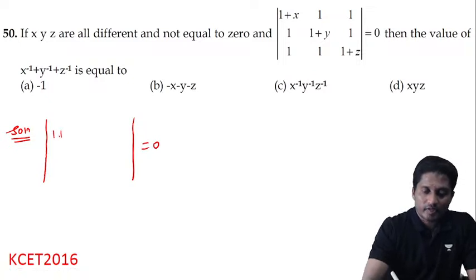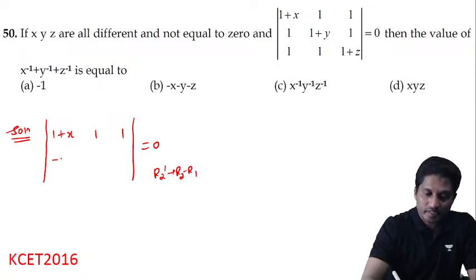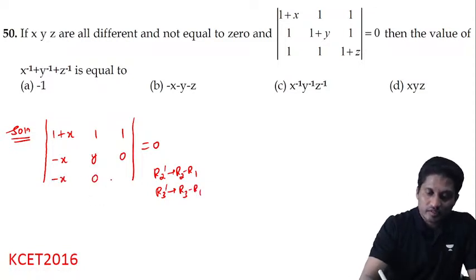First row will be 1 plus x, 1 and 1. Change R2 to R2 minus R1. This is minus x, x, 0. Change R3 to R3 minus R1. Minus x, 0 and z.